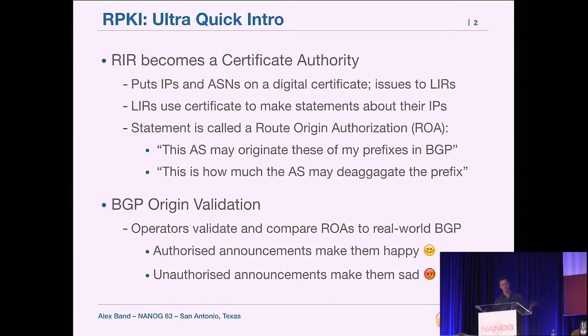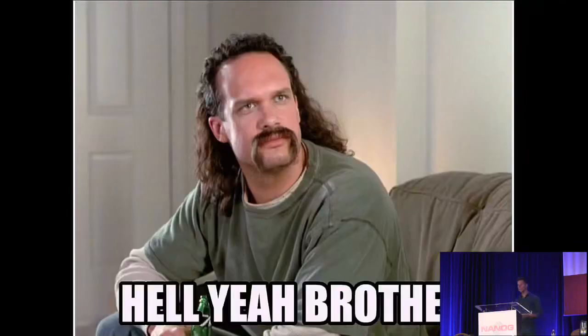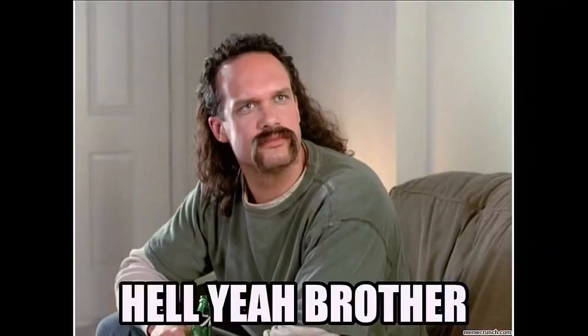So once you start asking operators, well, would you like to have a reliable way to tell if a route announcement is supposed to be out there, yes or no? If you really bring it down to the basis and you leave aside all knowledge of how the system that we've been using up to now works and the current reality of it, if you really ask that question, then most of them go, oh yeah, I would love to have that information.